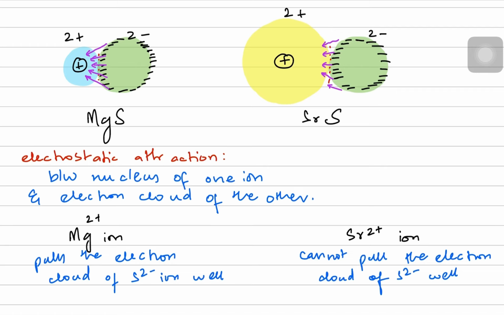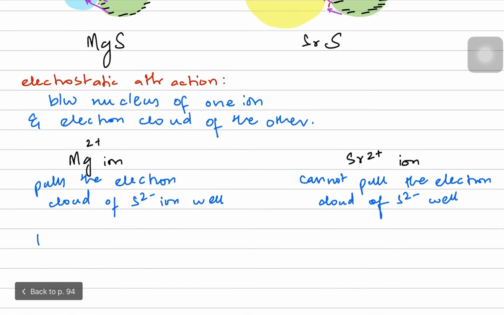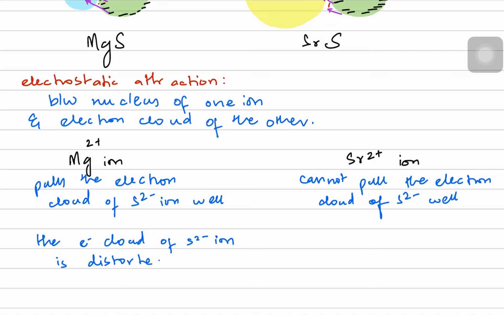As a result, in the case of magnesium sulfide, the electron cloud, I'm just writing e-, of the sulfide ion is distorted because it has immense pull from the magnesium side. But in the case of strontium sulfide, it doesn't happen. So the electron cloud does not distort much.